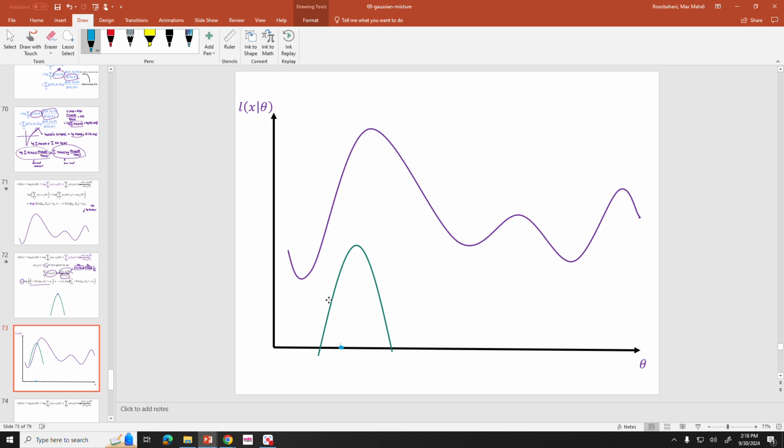I'm interested in one very specific lower bound, and what does that mean? Okay. So I initialize this one, and this one corresponds to a value. Can I calculate log likelihood when I have my theta? When I have mu, pi, and sigma, can I calculate log likelihood? Yes, we can calculate it.